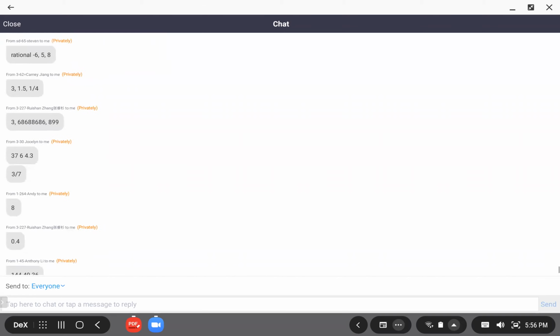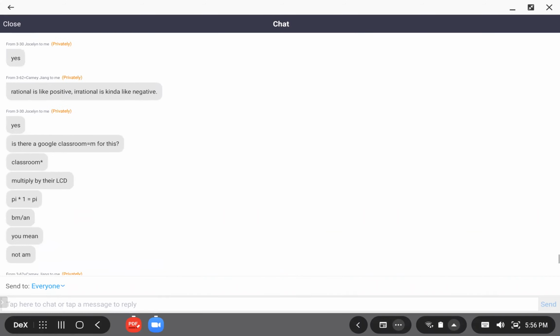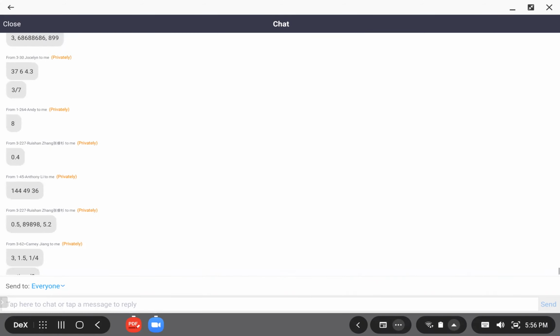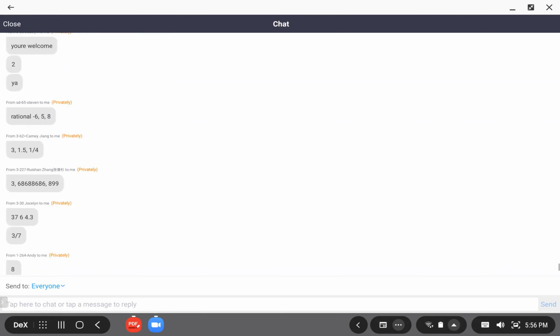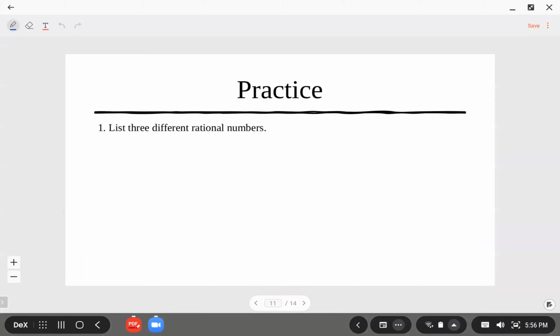And Carney says 3, 1.5, and 1/4. Okay, and there are many other answers. Very nice job, everybody. These are all rational numbers. Super job. Congratulations on getting it all correct.